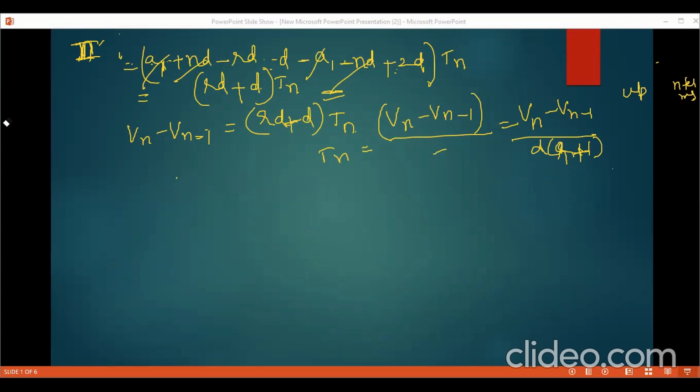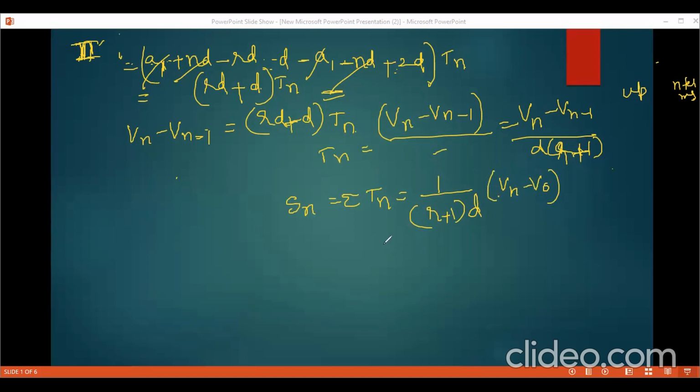So can I write Sn now? Tn is equal to this much. Sn is equal to sigma Tn. If you go on putting and writing, in the same way you will get 1 by R plus 1 into D times Vn minus V naught. Okay, we will get like this.